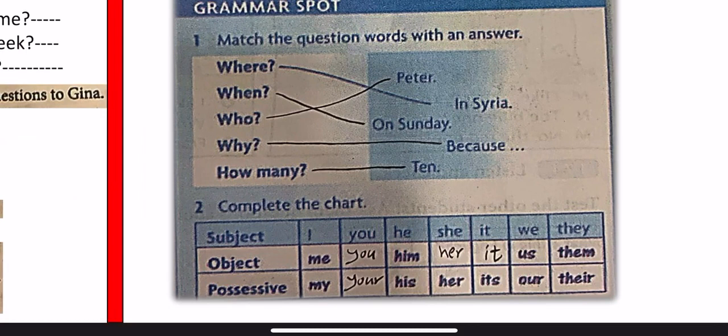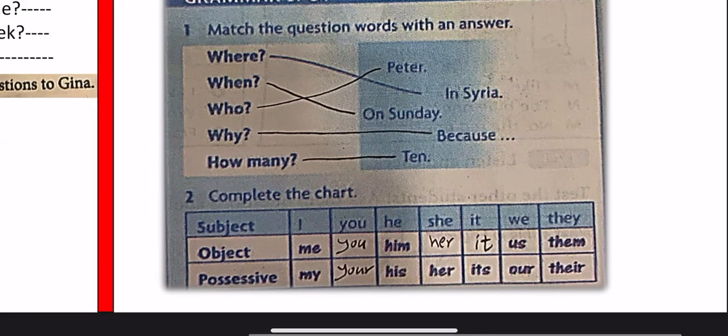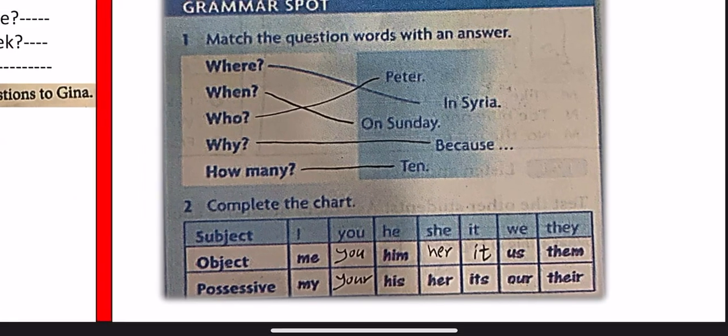A possessive adjective is followed by a noun, while object pronouns are not followed by a noun. Object pronouns have their meaning independently, while a possessive adjective should have a noun added after it.